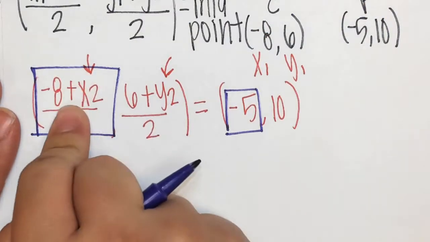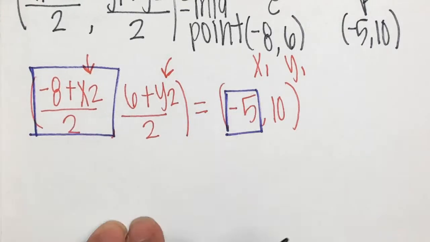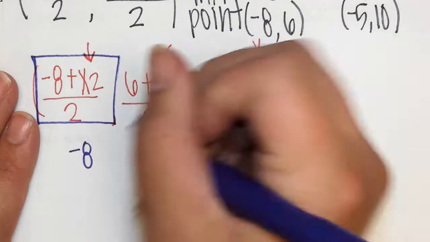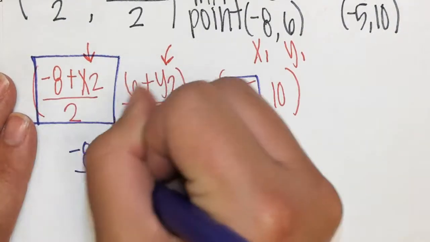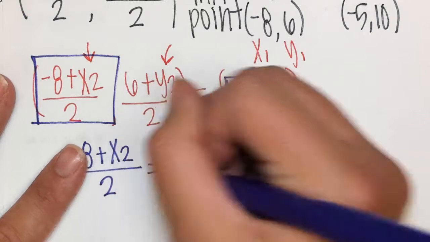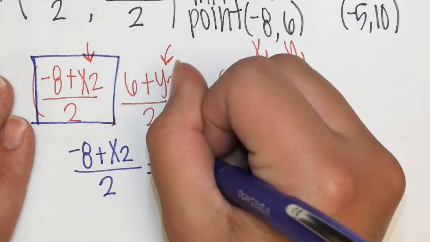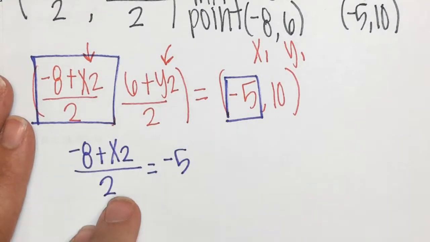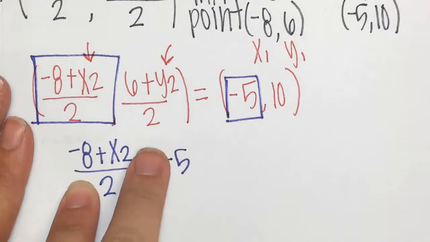In order to solve for x sub 2, I have to set both of the x's equal. So now I'm going to have negative 8 plus x sub 2 divided by 2, which equals the x over here, which is negative 5. Did y'all see how I just set those two equal? X spot, set them equal.